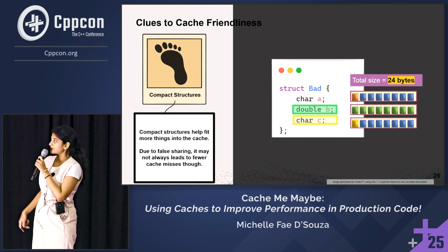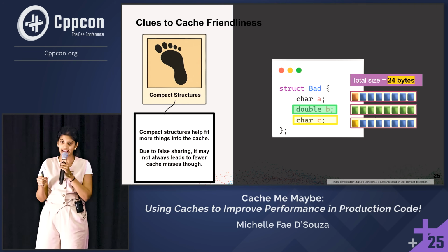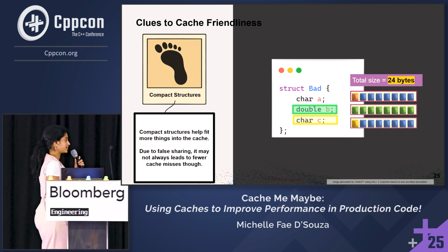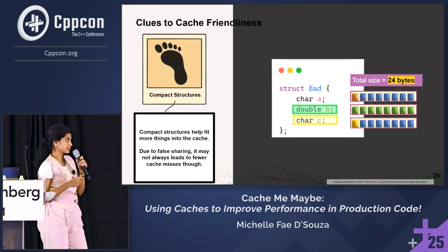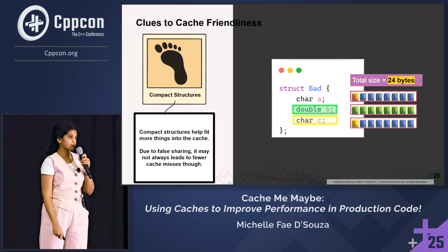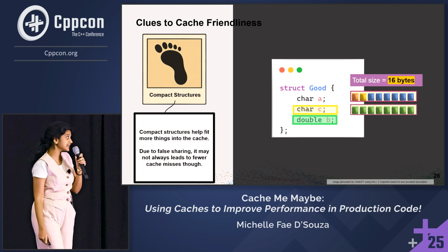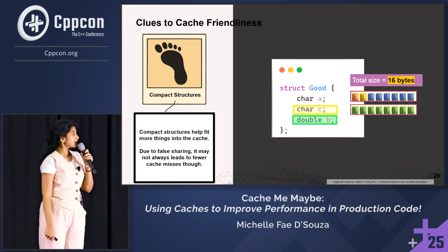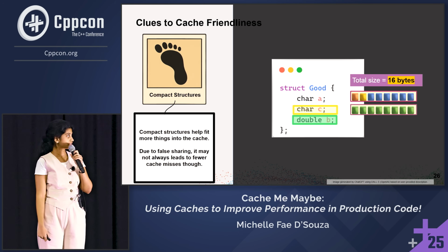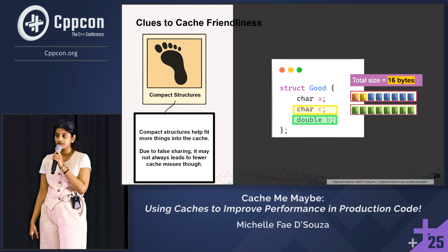So B tries to place itself right after character A, except because the alignment in this architecture for a double is 8 bytes, B is going to leave a little bit of padding after A. But if character C was right after A, the alignment of a character is just 1 byte, and so you have a smaller struct.